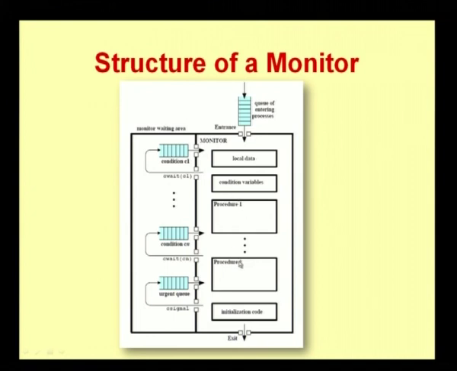Then the procedure executes. Inside a procedure there may be n number of conditions, and all those conditions will be put on a condition waiting queue. There may be priority for executing the processes, so all these will be put on an urgent queue, and then it goes on to the initializing code. From entry to exit, till the working gets completed, is the job of a monitor.